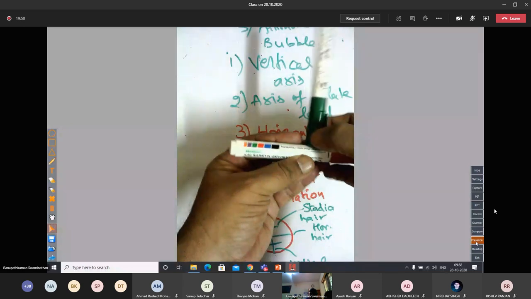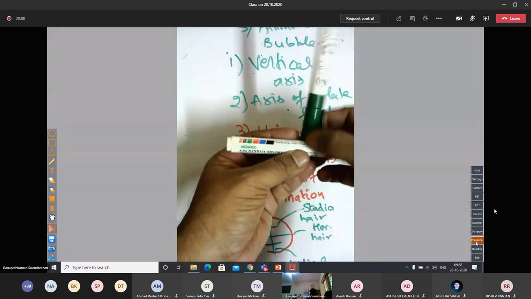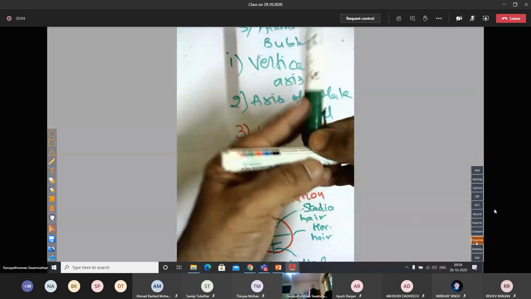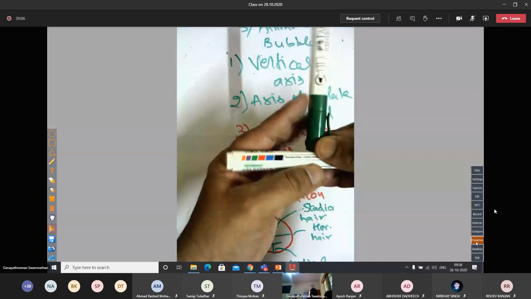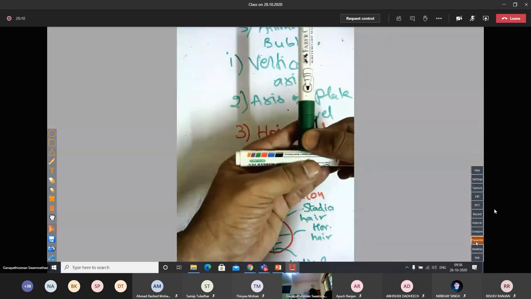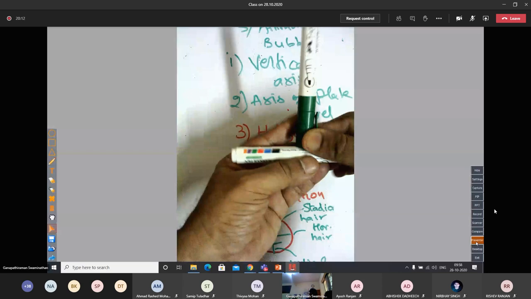Imagine that this is the line of collimation. When it goes down, it is called the angle of depression. When it goes up, it is called the angle of elevation. Suppose this is completely vertical. What will be the angle?